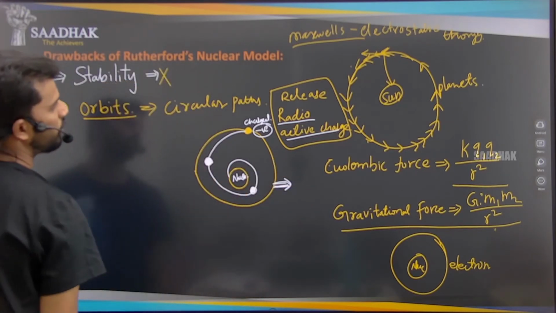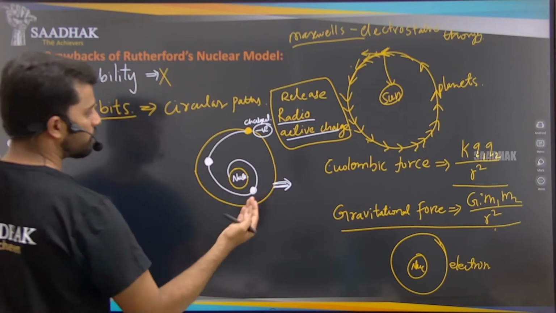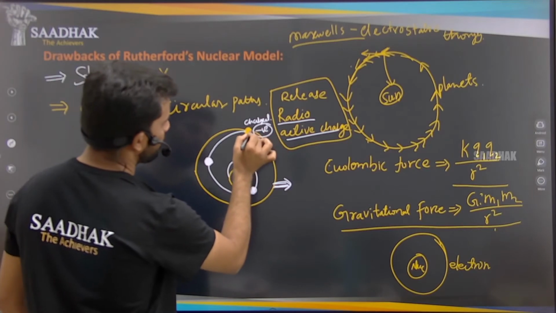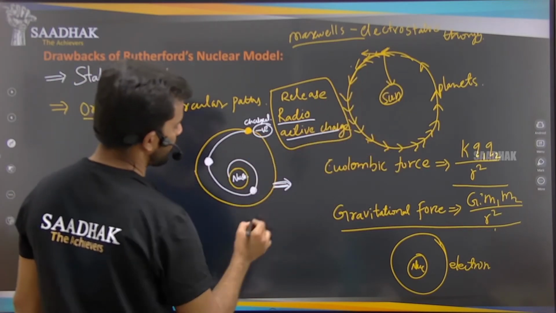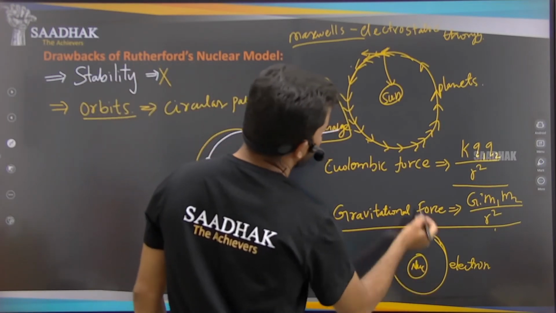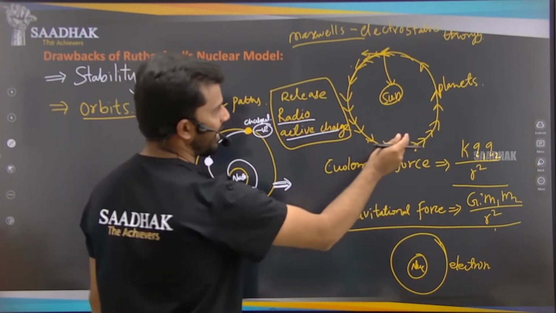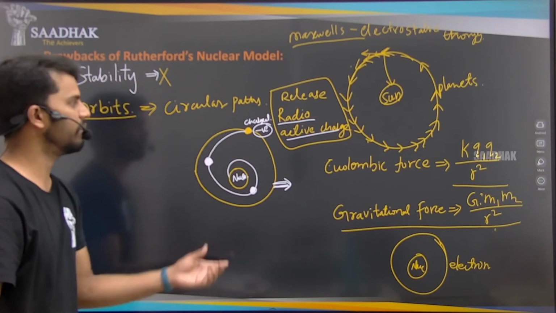So that's why the stability of the atom was not explained by Rutherford. We can also think of electrons as stable particles, because in the sun and planet structure, the planets are not charged bodies, that's why they are not falling into the sun. Remember that point.